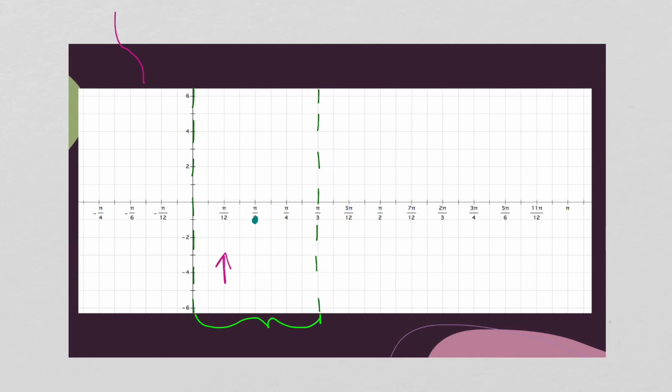So that means our point would be at 3. However, our a value is negative. So guess what? Instead of at 3, we're at negative 3. And did we have a shift? Yes, we had a shift down. So down to negative 4.